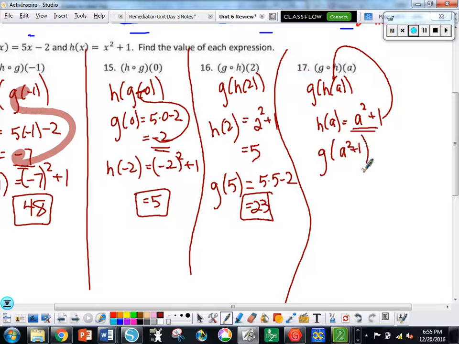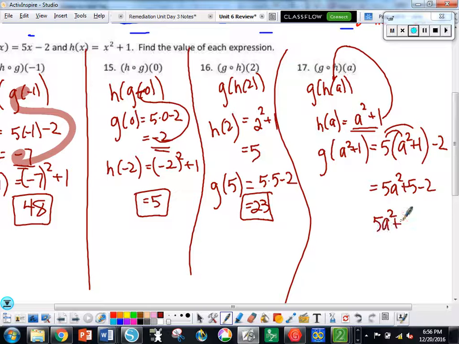Not as friendly, but it could be worse. So that's 5 times a squared plus 1 minus 2. Distribute. Final answer, 5a squared plus 3.